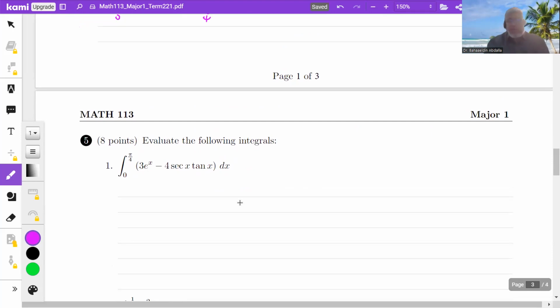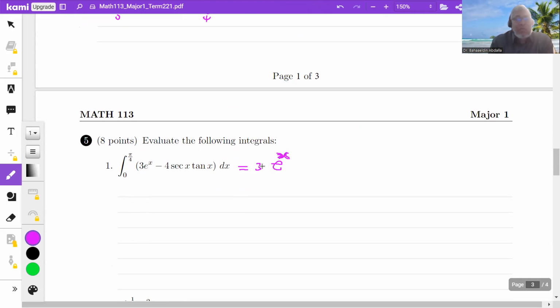Evaluate the following integrals. Well, here I have a definite integral of, I can separate, I can distribute, there is a minus sign. Also, I can take 3 outside, okay? So what is the integral of e^x? We know that the integral of e^x is just e^x.